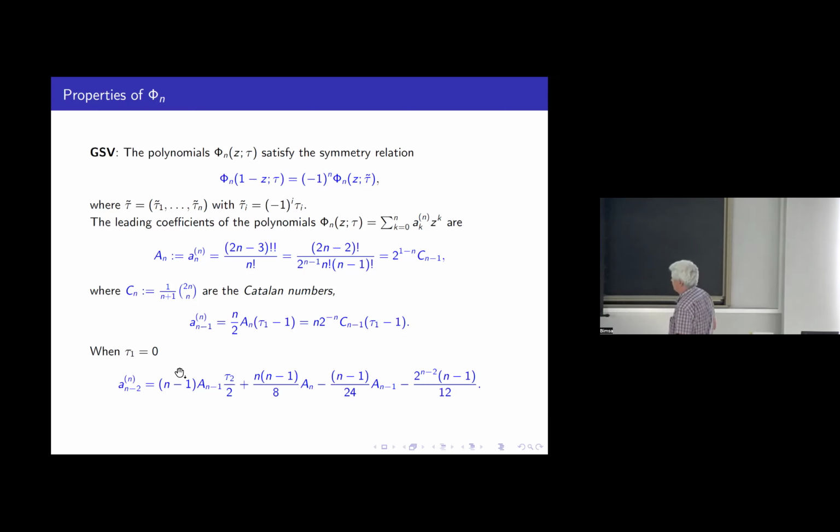If tau1 is 0, then it's n times a power of 2 Catalan numbers, related to an. And this is a bit more complicated because it also involves tau2. Okay? So the formula is written here only under the assumption that tau1 equals 0. They quickly become complicated.